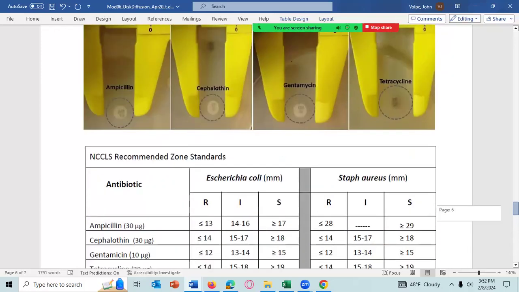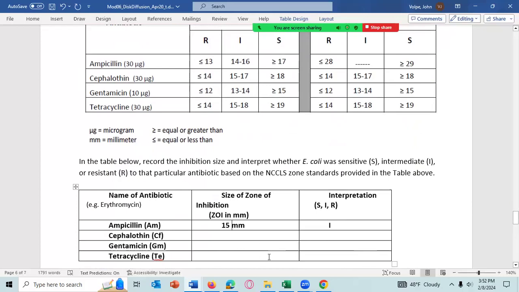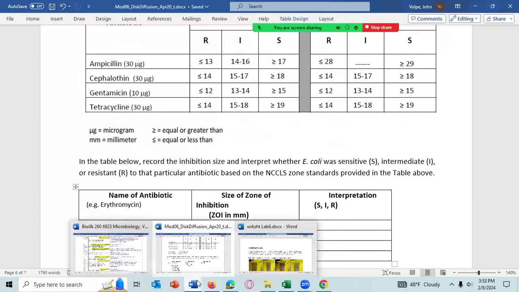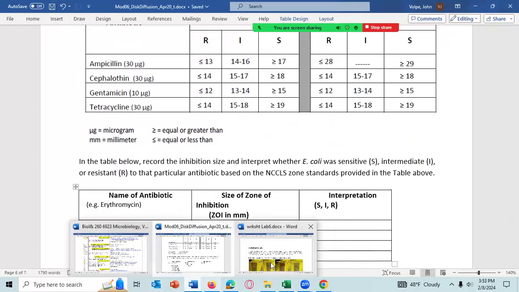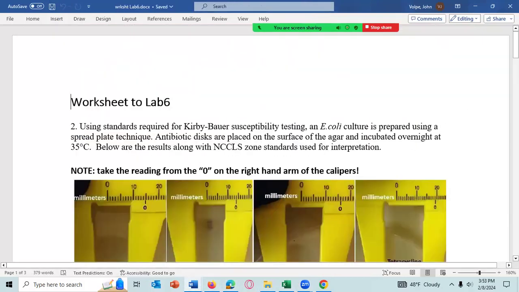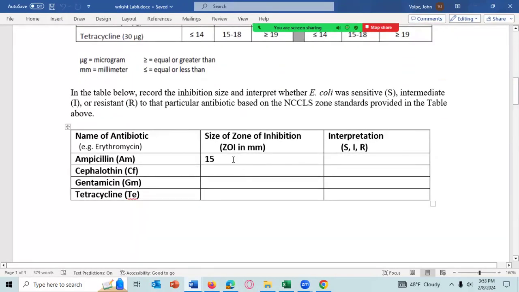Any question about any of that? So do that on the worksheet and submit only the worksheet. I've got the worksheet here someplace. There it is. 15 millimeters.